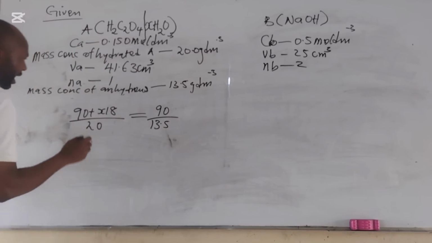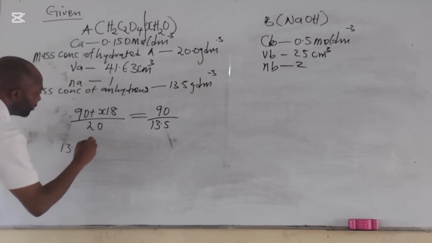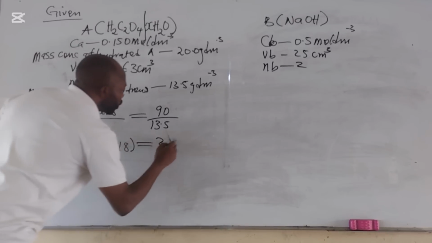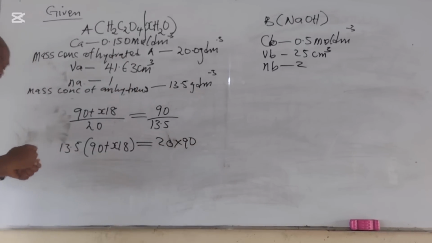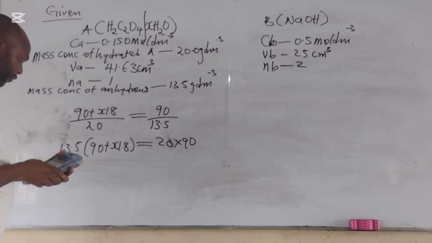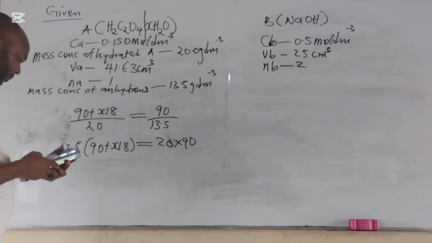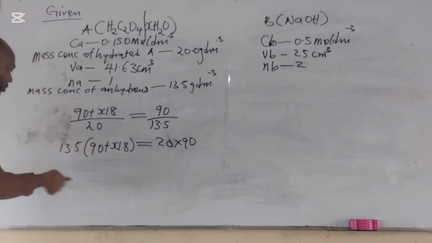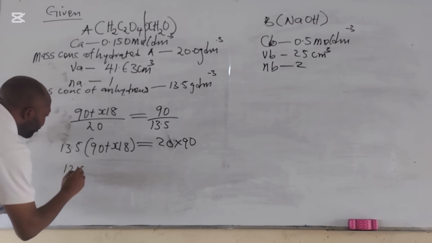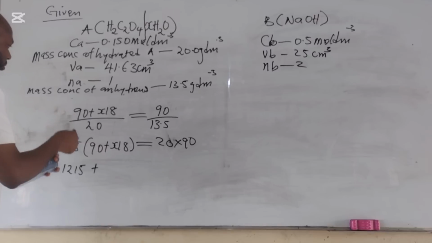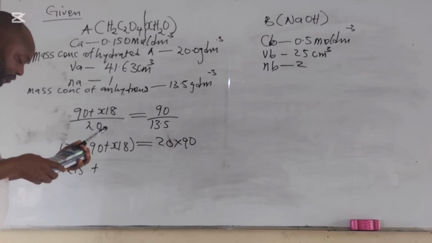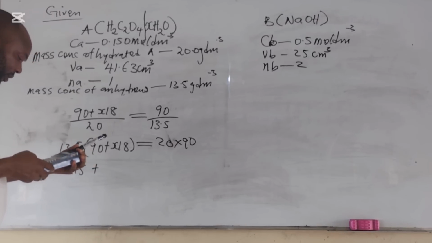So let's cross multiply. 13.5 times (90 plus 18X) equals 20 times 90. We begin: 13.5 times 90 is 1215, plus 13.5 times 18, which is 243, so 243X.